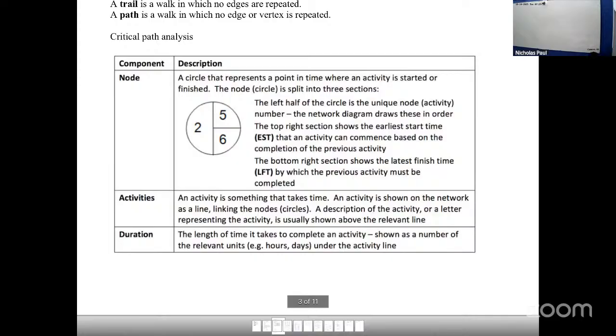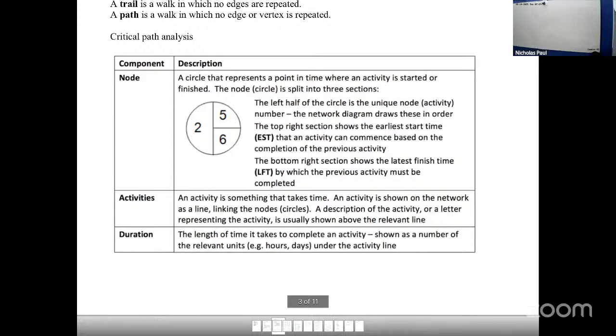A circle represents a point in time where an activity is started and finished. So a node can be split up like this. The left-hand circle represents the unique node activity number. The network diagram draws these in order. So we cannot just put E and so on in it; you want to break it up a little bit more.